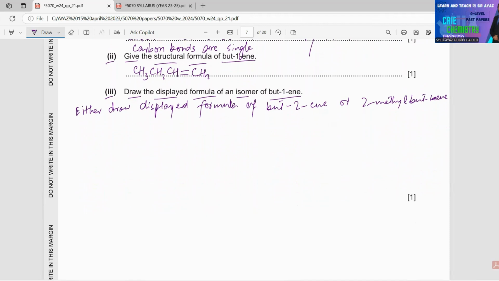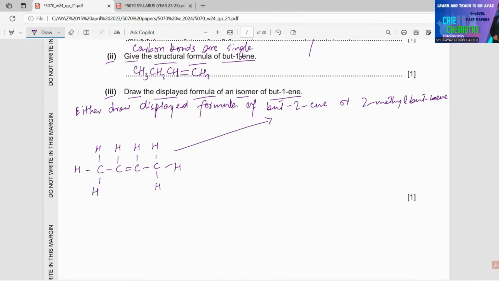If you want to draw the displayed formula of but-2-ene, you must have a carbon-carbon double bond between the second and third carbon. So now I am saturating the other carbons, showing the hydrogen atoms. This is the displayed formula of but-2-ene.